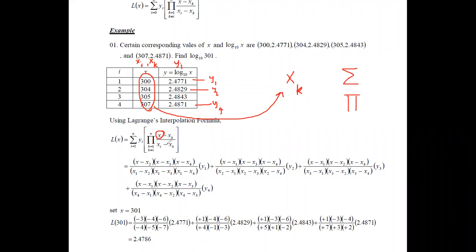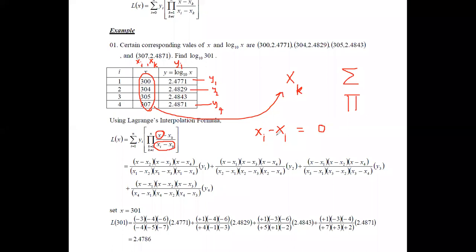It is because what will happen if k is equal to i? In this place, you can see that the quantity is given as xi minus xk. If you set the value of k equals i, then you will get xi minus xi, and this ends up with the value 0.